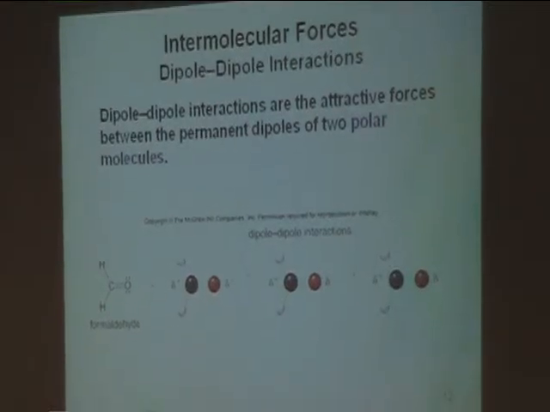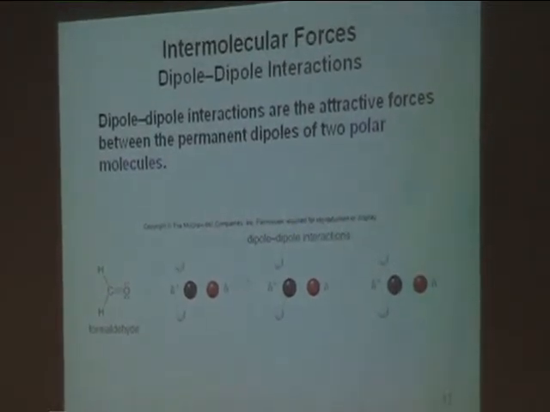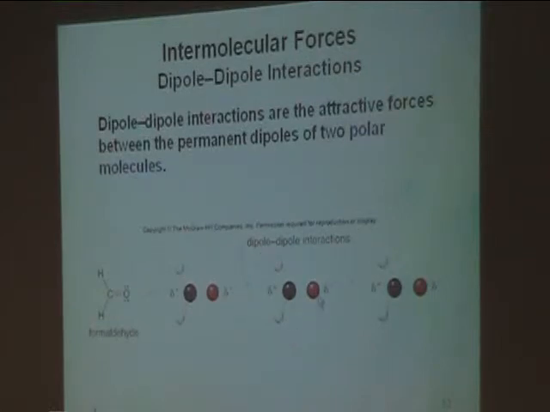The molecules have to be oriented. The oxygen end has to be connected with the carbon here because oxygen has a partially negative charge. Compared to oxygen, carbon has a positive charge. So there is interaction between these two. What is the strength of the interaction? That's another question. But there is intermolecular interaction anyway. That's a dipole-dipole interaction.